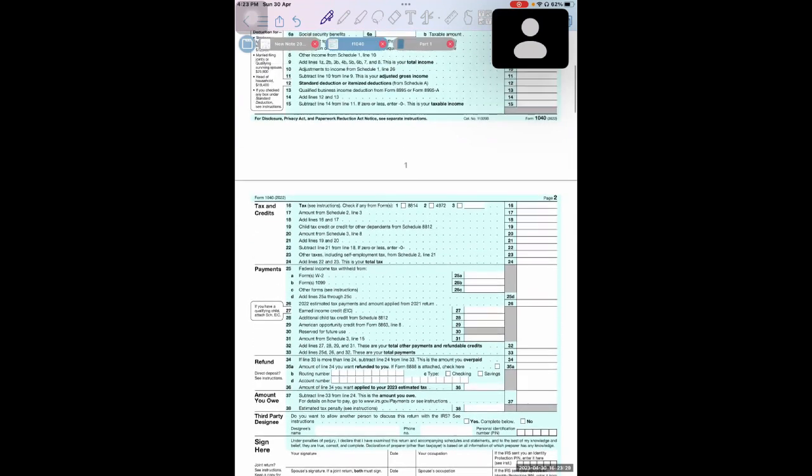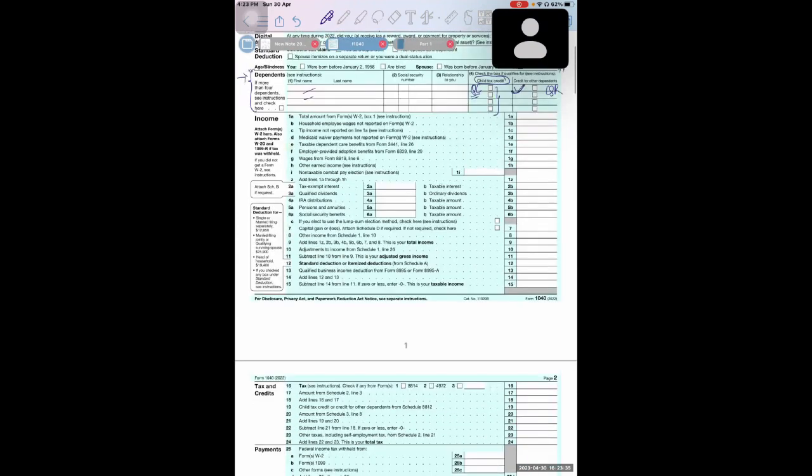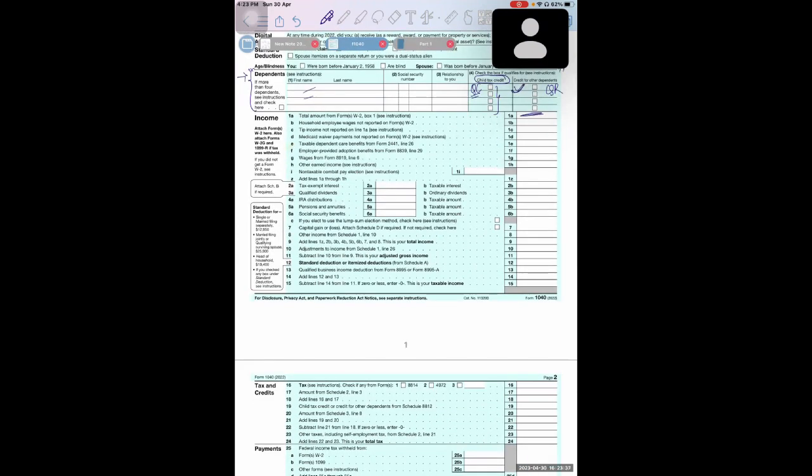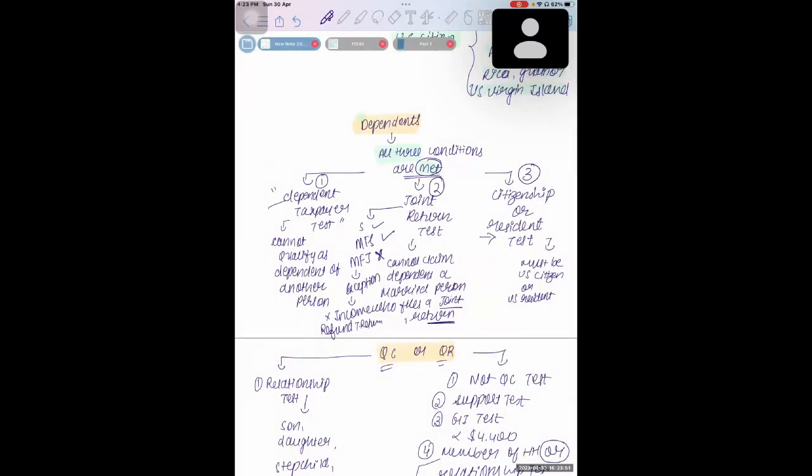The child was working at some other place and received some W2 income, and on that W2 income there were some withholding taxes. So he will have to file a return to take a refund. Only for the purpose of refund, if he is filing the joint return, then it is allowed. Got it, guys? I'll mention it over here so you can add it in your chart.